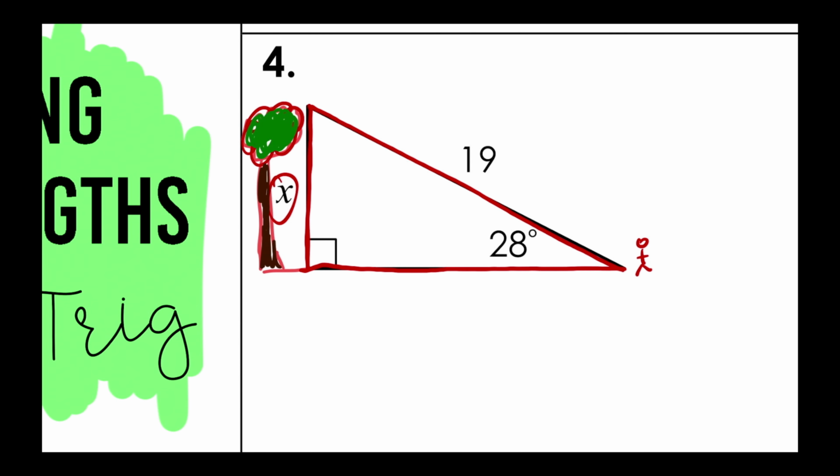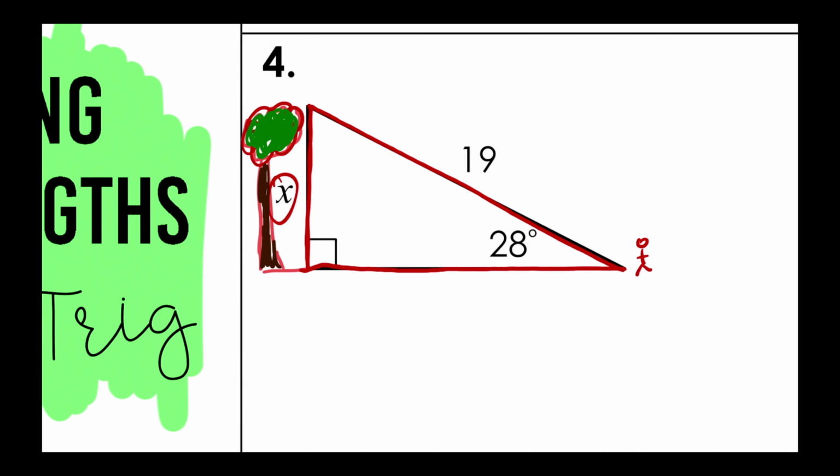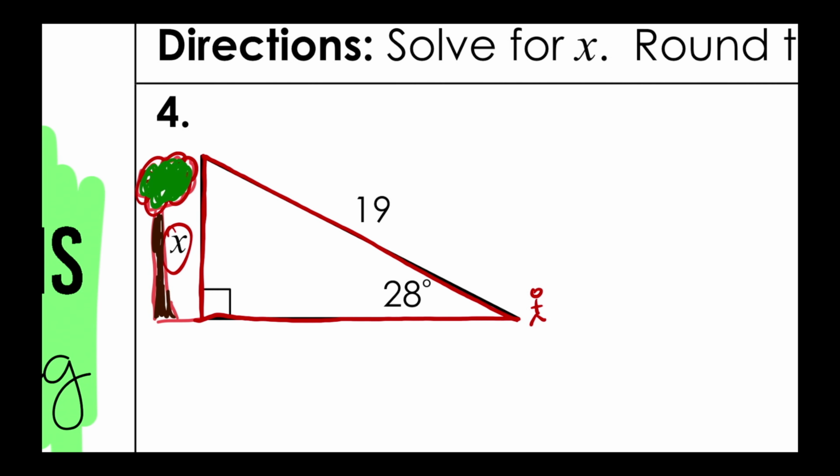So imagine that. I know it was just a regular triangle like this, but if you use your imagination, you can see, okay, I'm going to try to find the height of this tree. So how do I do this using sine, cosine, or tangent? Well, the first question you have to ask yourself is, which one am I going to use?